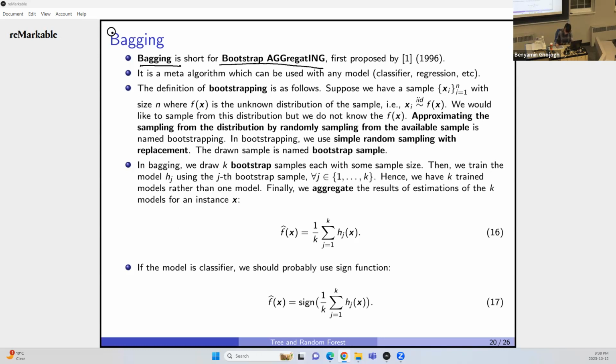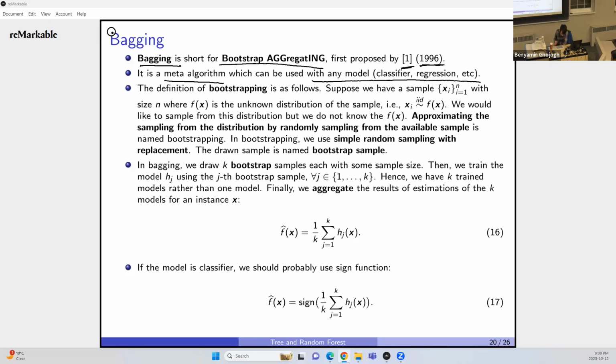It was first proposed by reference one in 1996. It's a meta algorithm. What do I mean by meta algorithm? An algorithm which uses other algorithms in it is called a meta algorithm. It can be used with any model, any classifier, regression, etc.